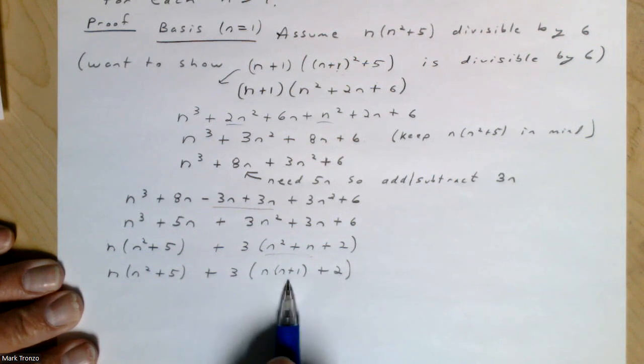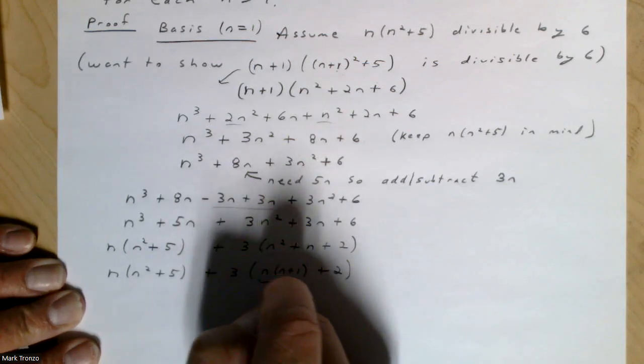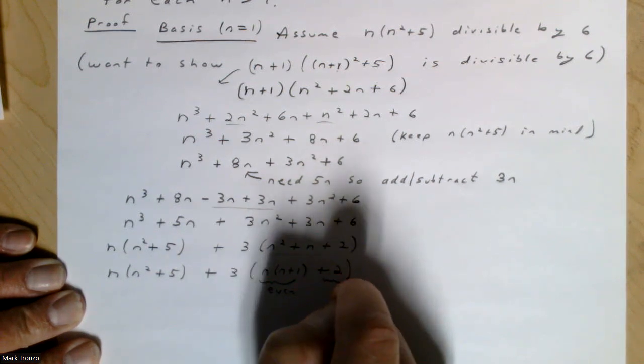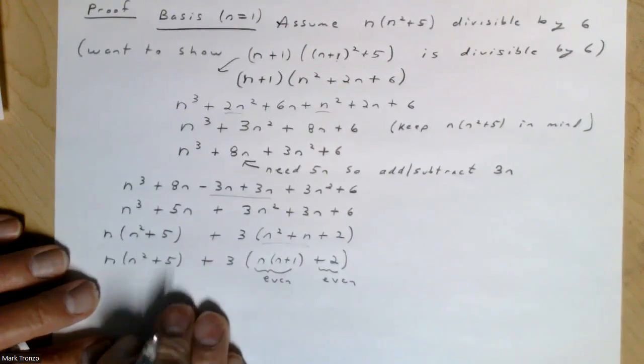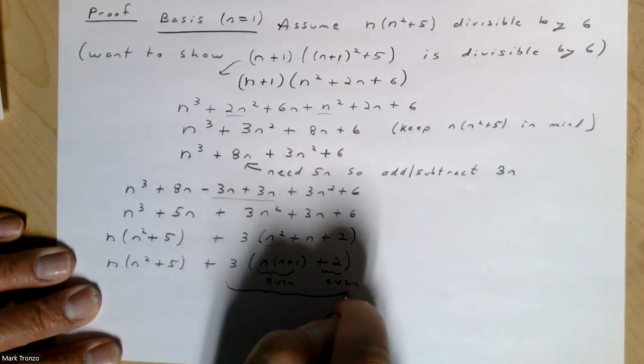3 times 4 is 12. 4 times 5 is 20. 5 times 6 is 30. So this is going to be even. And so 3 times an even number is divisible by 6.